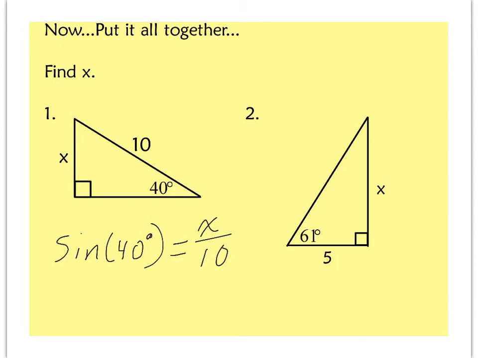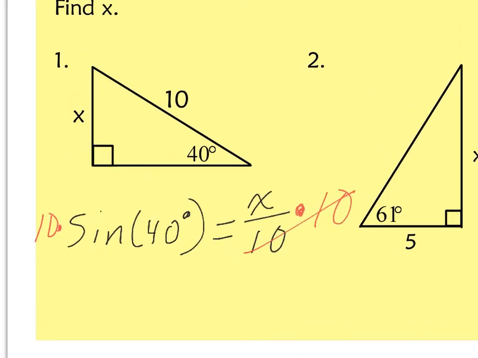So to move that, we would multiply both sides by 10. Let me change color so it's easier for you to see what I'm doing here. Times 10, times 10. I do the same thing just like I was solving any other equation.